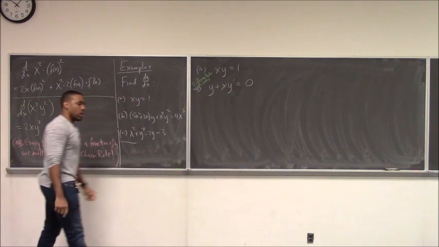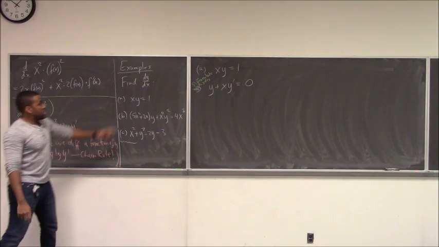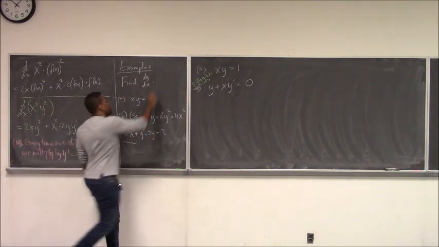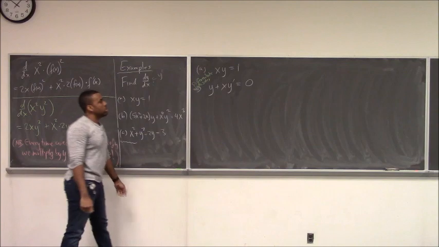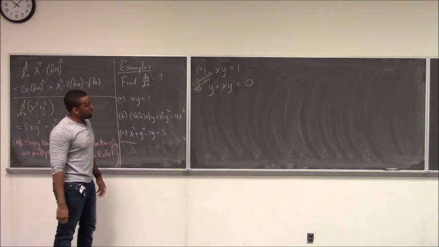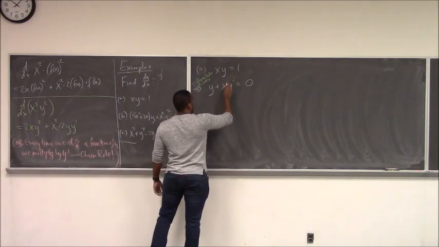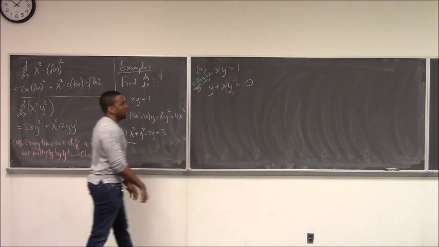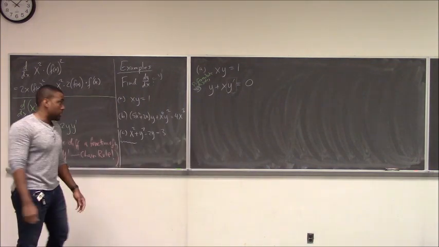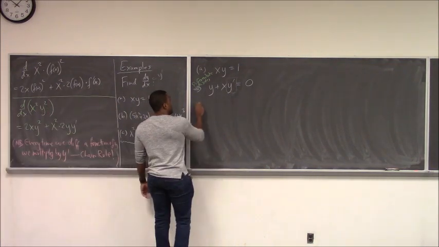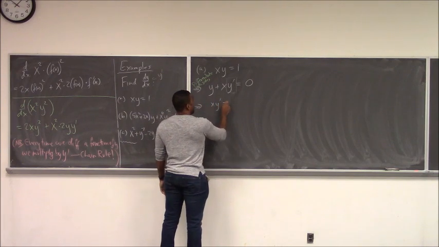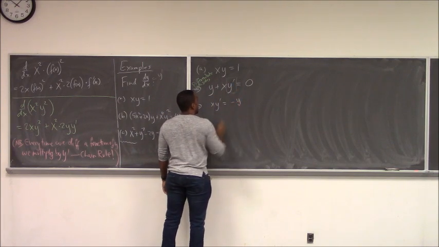So now my x's and y's are mixed together. I was asked to find dy dx, however, which is y prime. So now I have an equation where y prime is just one of the factors in this equation. So now I can actually solve for that variable. So this would mean x, y prime would be, bring that over here, minus y.